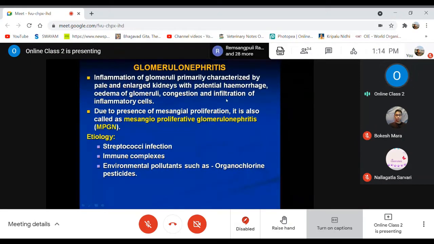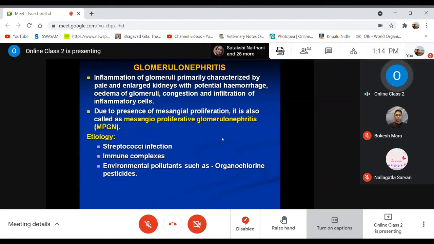Then the third type is glomerulonephritis, when the inflammation is confined or mostly there in the glomeruli. Grossly, the affected kidneys are mostly very pale and enlarged with some potential hemorrhagic lesions.